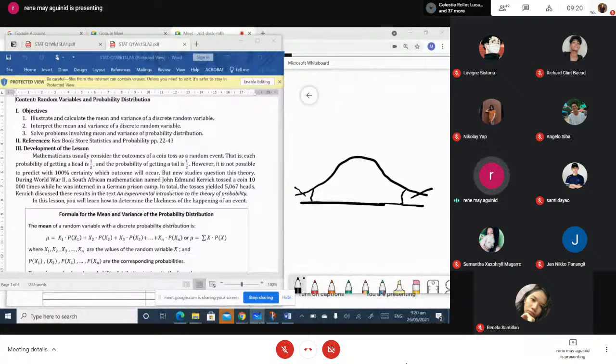So here at the center is our mean. Our mean, our median, and our mode coincide here.